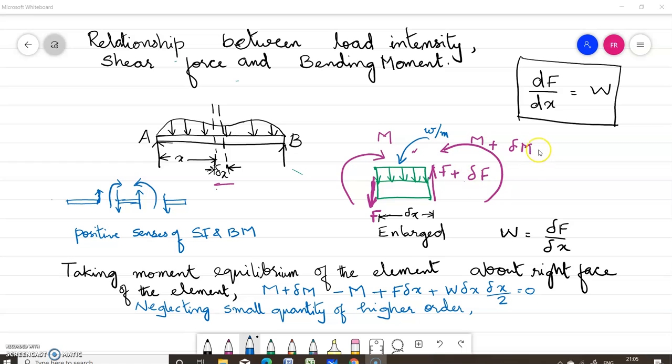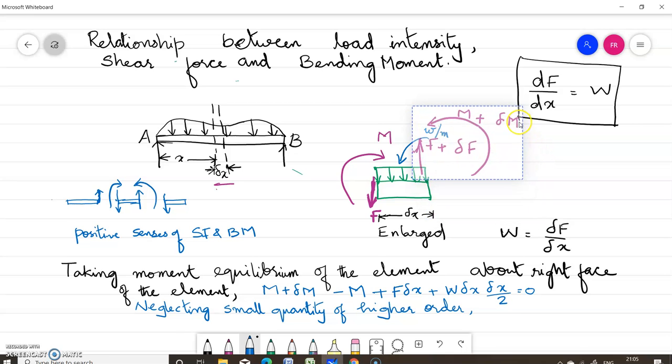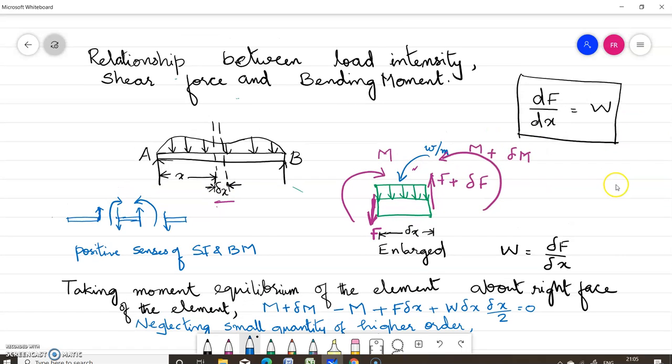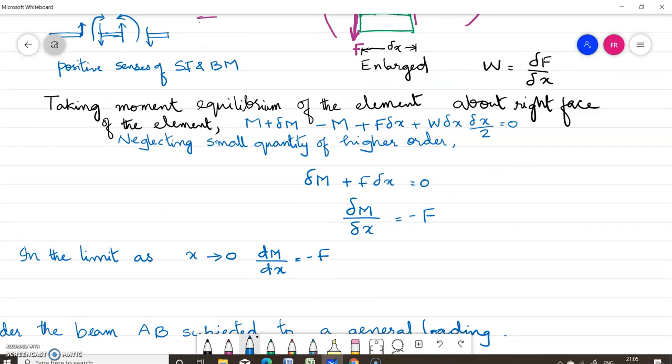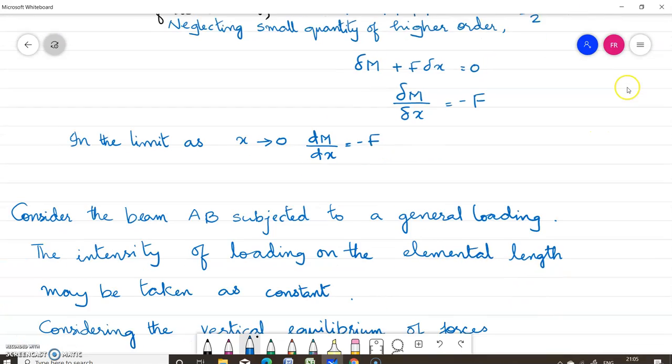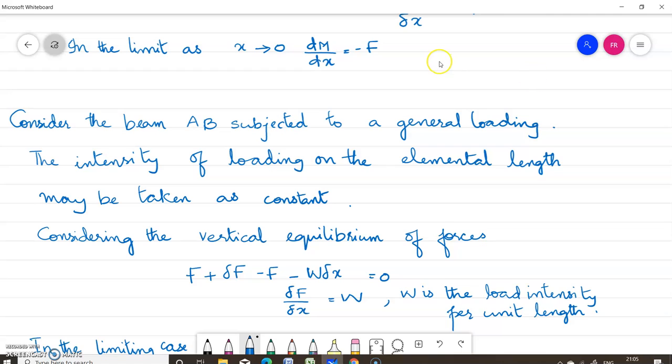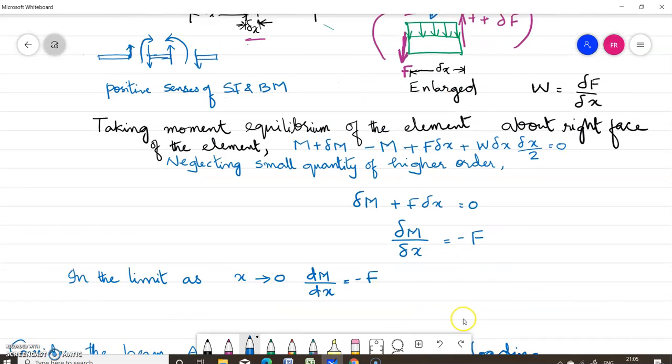Okay. So first we'll consider the vertical equilibrium of forces. What are the forces acting on this elemental length?